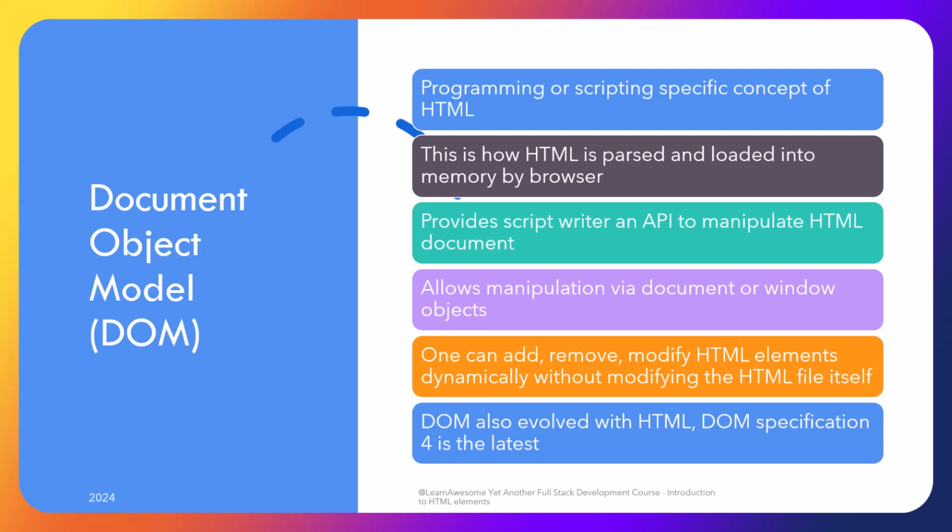DOM lets you do all kinds of crazy things with the HTML document shown in the browser while not modifying the contents of your HTML file. The browser lets you manipulate the DOM by using document or window objects which represent your HTML document. You can find elements by ID, class, attribute, and whatnot.